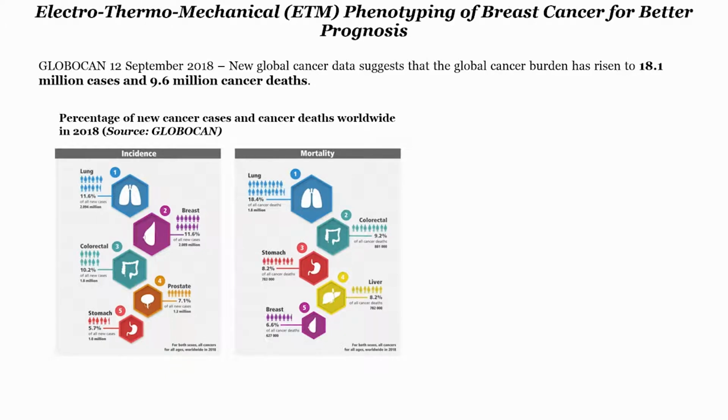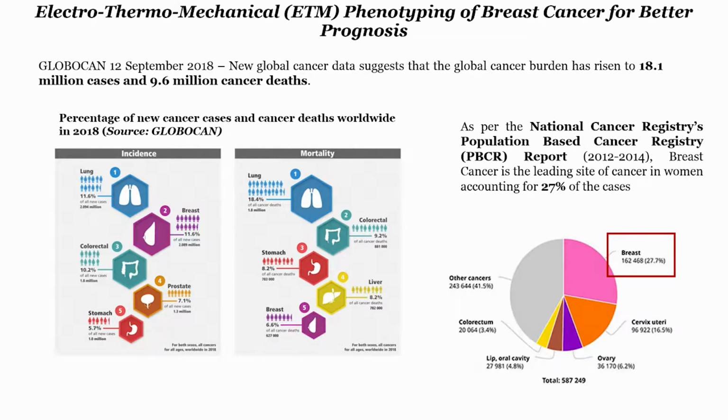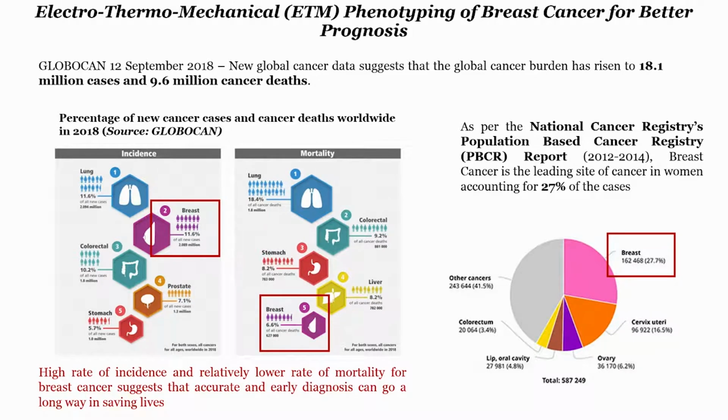But if you see, the overall burden is huge. So, what we can see is that breast cancer is a leading site of cancer in women, accounting for 27% of the cases, and that is why it is a very important problem to address and to find a solution.